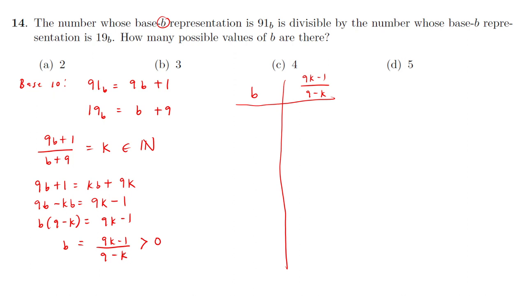Si K can only run from 1. Again, K, this number, ito ay positive divided by positive. So sure tayong this is at least 1. So K can run from 1 hanggang 8 lang. So, meron lang tayong 8 na kailangan i-check. It cannot be 9 because we do not allow division by 0. And it cannot go further. Hindi siya pwedeng 10 kasi magiging negative na siya. Mababiolate yung positivity assumption.